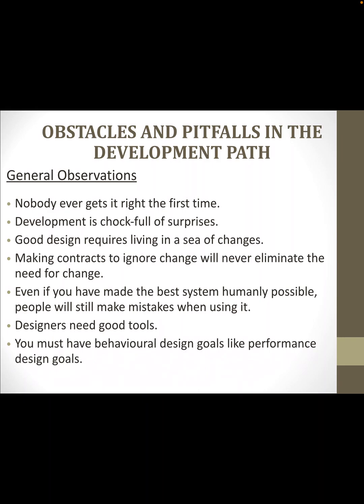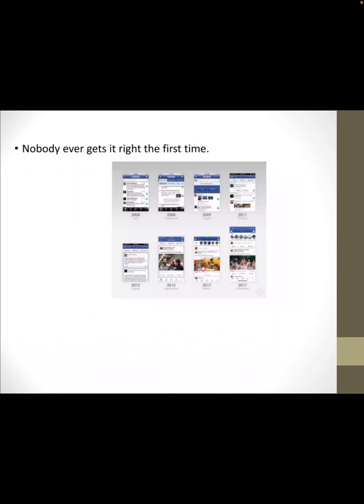These are the observations he has made, which are called obstacles in the development path. First one is nobody ever gets it right the first time. You can see on the screen the different designs of Facebook over a period of time. Whenever we do any particular work, at the first instance we will not get it done perfectly.